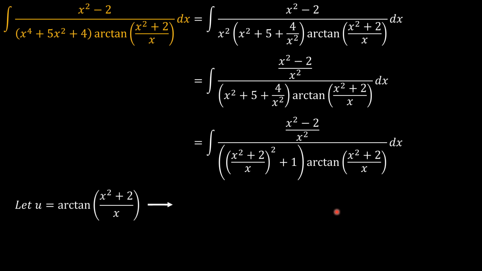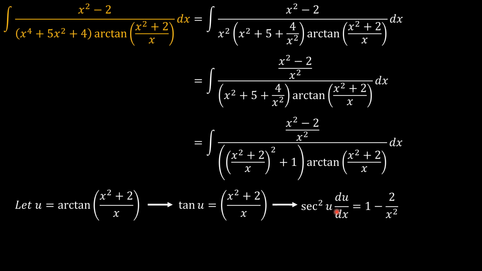That means that the tangent of u gives you access to x squared plus 2 over x. And therefore the derivative of tangent of u is sec squared u du dx, being equal to 1 minus 2 over x squared. And that's exactly what we have in the numerator of our integrand.